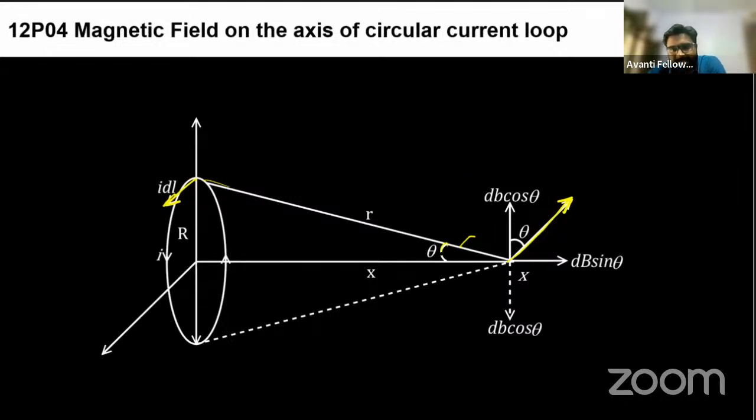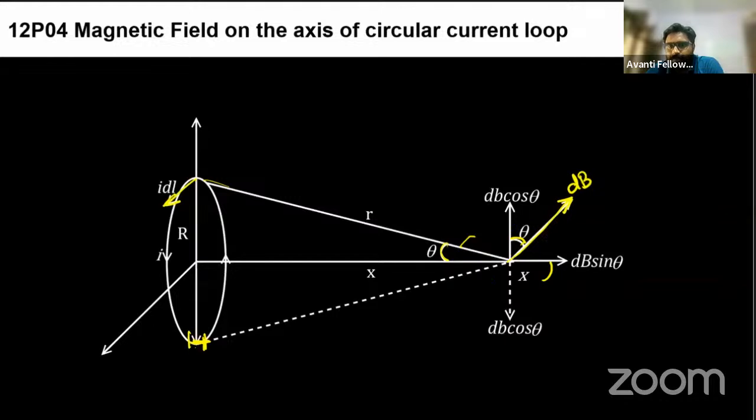Now if this angle is theta, this angle would be theta. ठीक है, so we have resolved this dB in two components, dB cos theta and dB sin theta. ठीक है, now if you take this one component dl, घूमते घूमते हम नीचे की तरफ आ गए और यहाँ पे हमने dl current element consider कर लिया, तो dl cross r would be in this direction perpendicular to r vector. So this component will be same, but this component would be opposite and this component is dB cos theta.